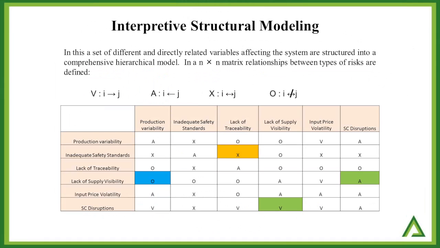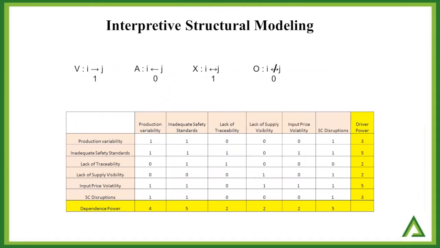So what I will do next is that we convert these symbols V, A, X, and O to 1 and 0. So all the V's and X's will be converted to 1 and A and O will be converted to 0. So that's what I do in the next table, and the diagonal elements will obviously also be 1. And in the end, you see a driver power and a dependence power.